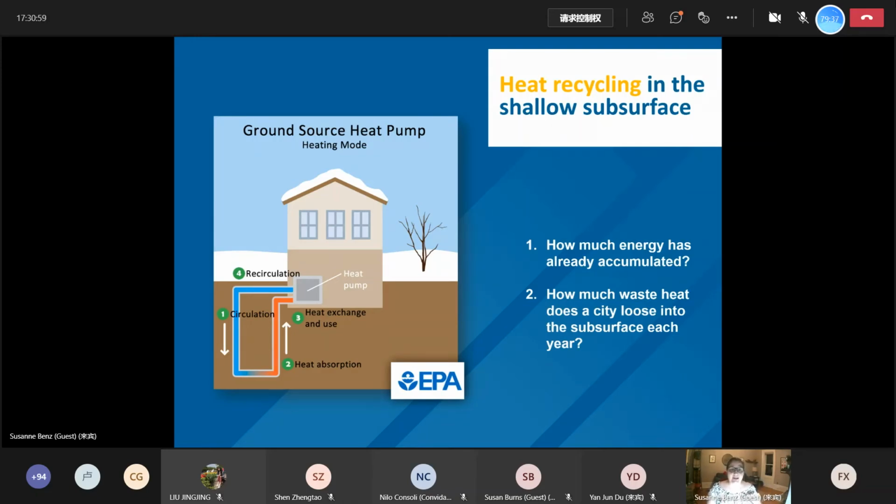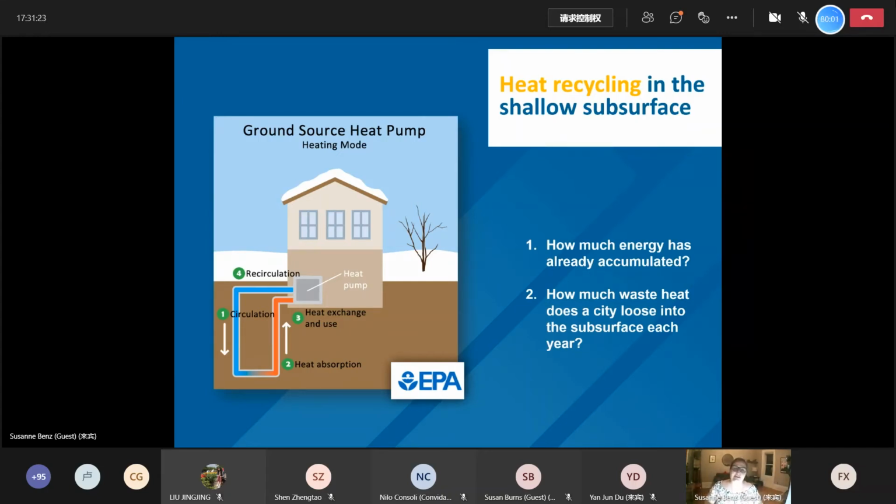Now, to really understand if recycling heat in the shallow subsurface is worth our time and effort, and whether we should really get into it, we need to consider two things. First, how much heat is there that we can extract? So how much heat has already accumulated in the underground due to our own waste heat, the urban heat island and all this?